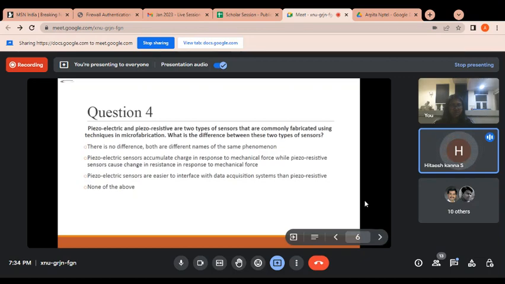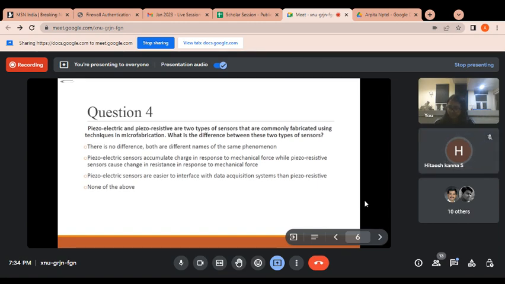And for piezoresistive? It converts mechanical force into resistance. There will be a change in length. Okay. Anyone else? So option 2 is correct, ma'am.